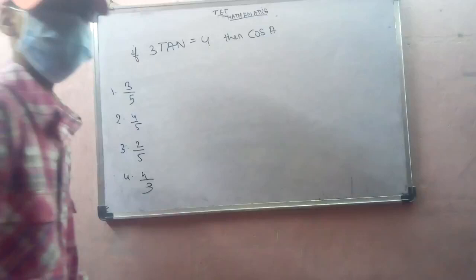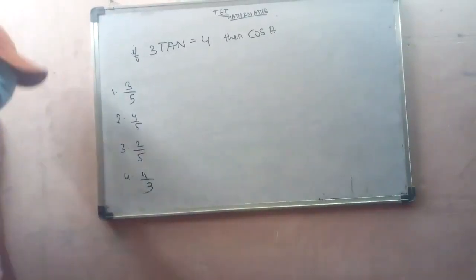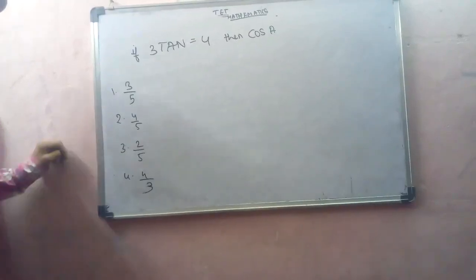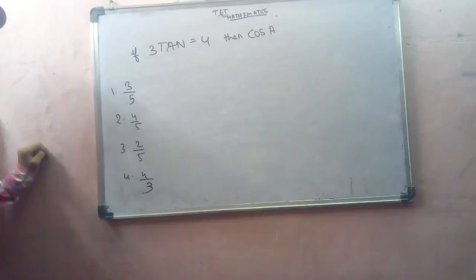Trigonometry question. So see here, if 3 tan a equal to 4, then what is the value of cos a? Tell me. So see here, 3 tan a equal to 4.